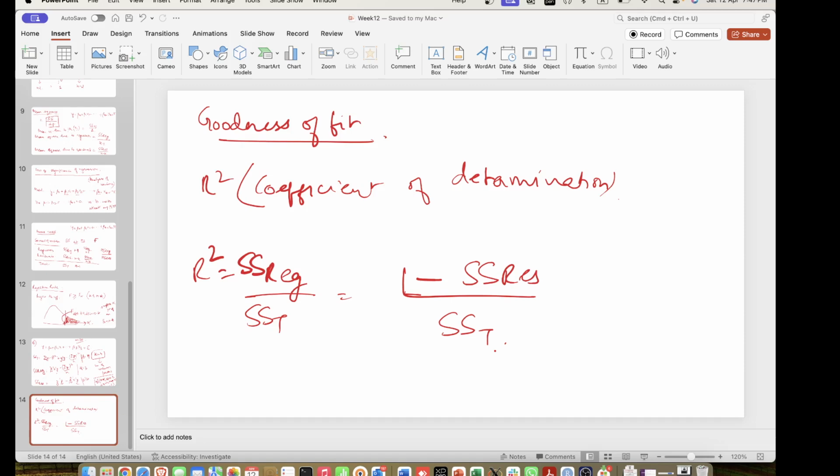Alright, so if I really want to write this term technically, then I should write it like this. So this should be 1 minus E transpose E, where E is the residuals, y minus x beta hat, divided by the summation of yi minus y bar whole square.